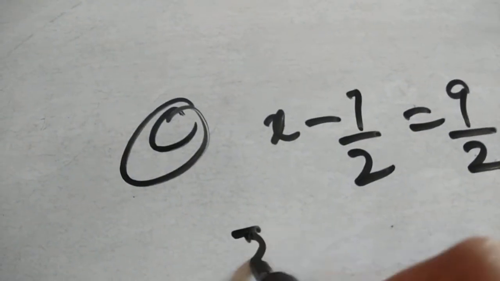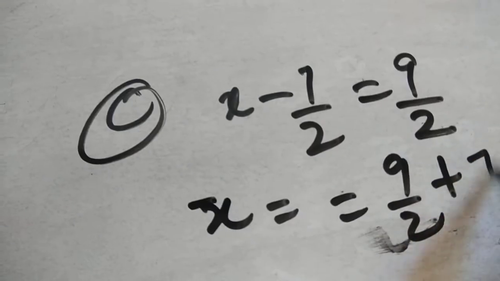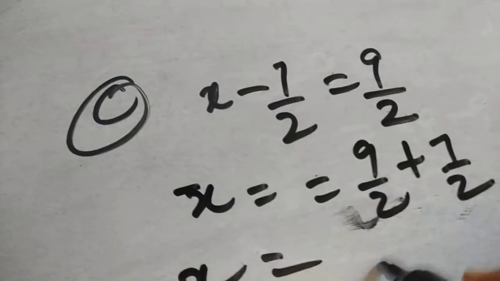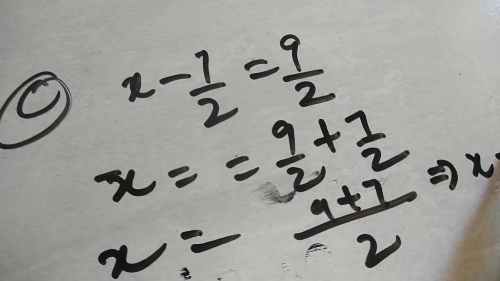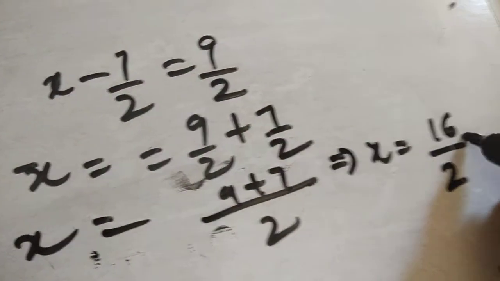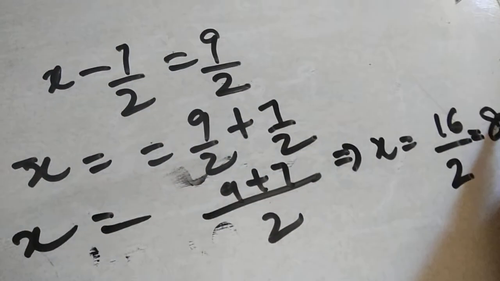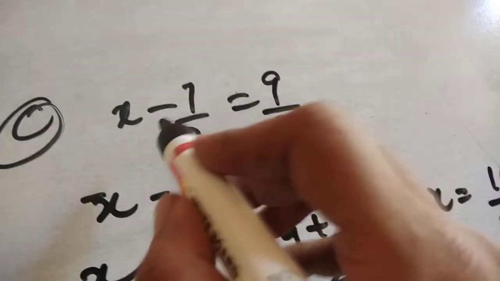Here we shift this 7/2 here, the sign changes, we take the LCM, then 9 plus 7 equals 16/2, which equals 8. So we put the value of this x in this equation.